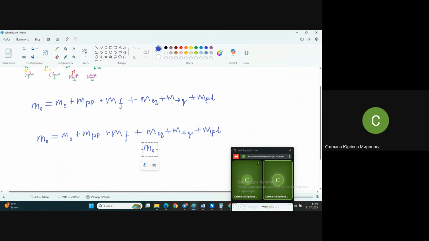And in this case, instead of the left side, what do we have? M0 divided by M0 equals 1. And in this case, this equation is rewritten in practically the same way, but with another designation.